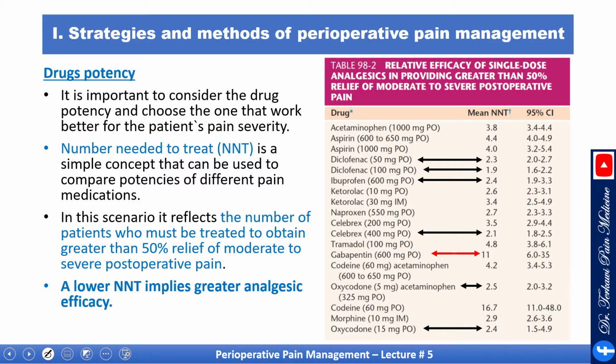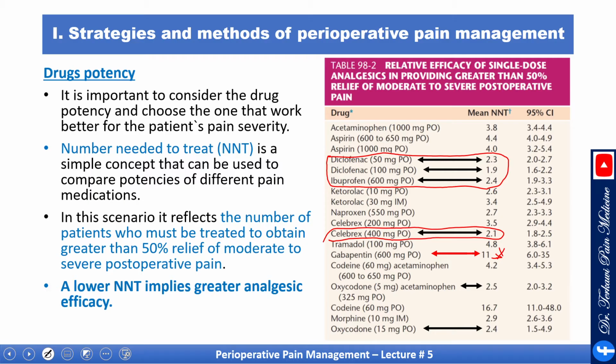Now, if you look at most of the NSAIDs, for example here, the diclofenac and ibuprofen, this is really a good number needed to treat. Look at the Celebrex here. While if you look at the gabapentin, this is really a high number, and this may explain, if you remember in the third lecture when I covered all this medication, the low efficacy of gabapentin.